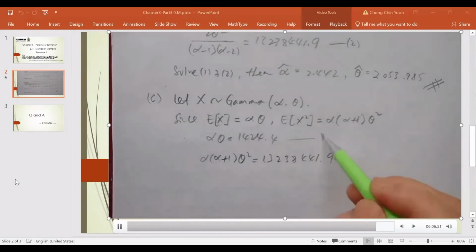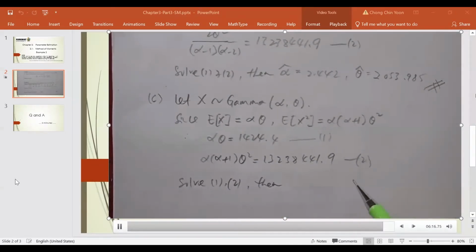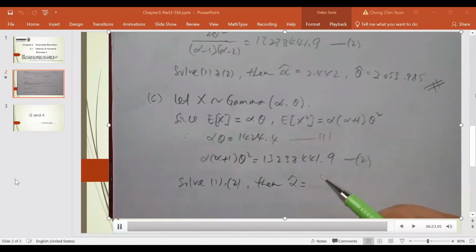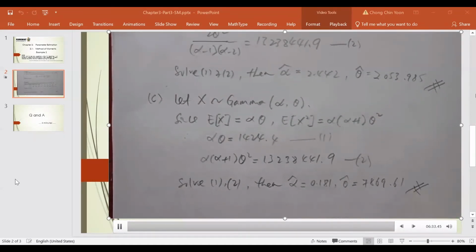So we name this as the first equation, and this is the second equation. So again, we solve these two equations. Then we will have the estimated parameters: the estimate of alpha is 0.181, and the estimate of theta is 7869.61.